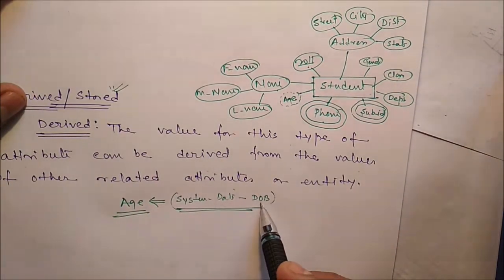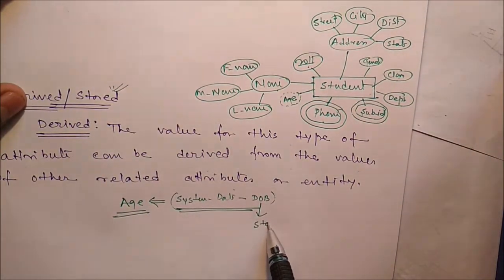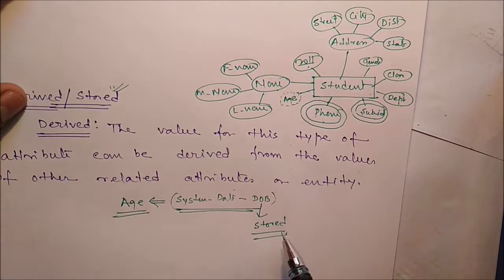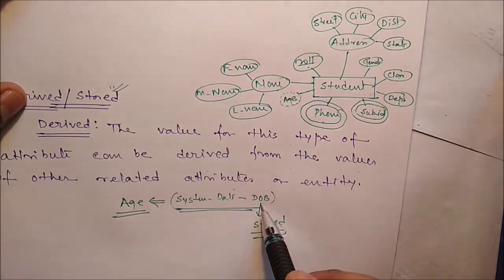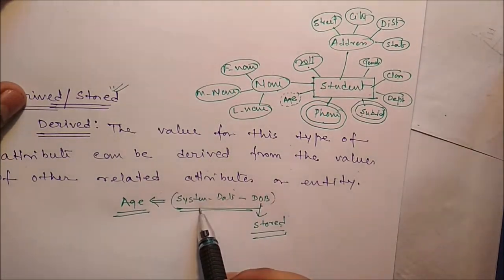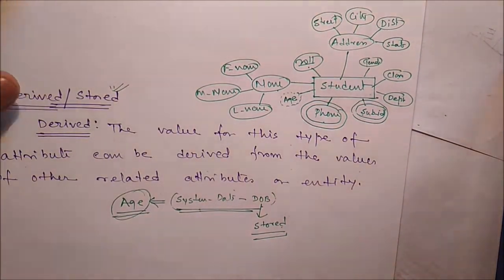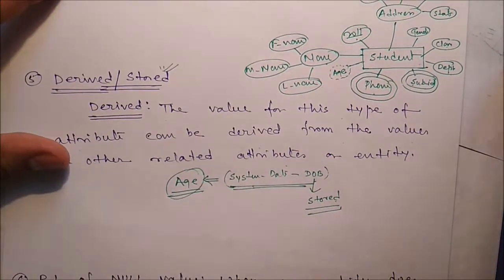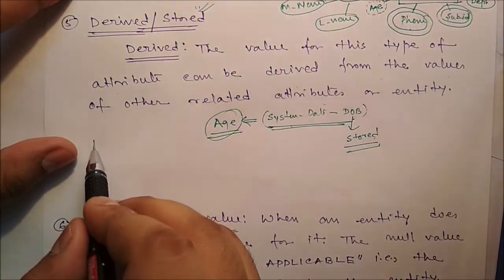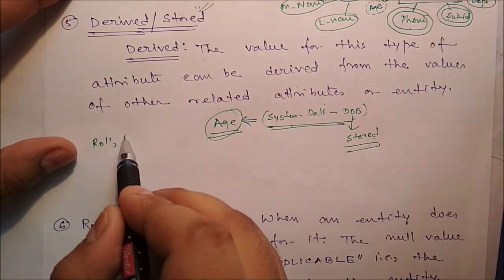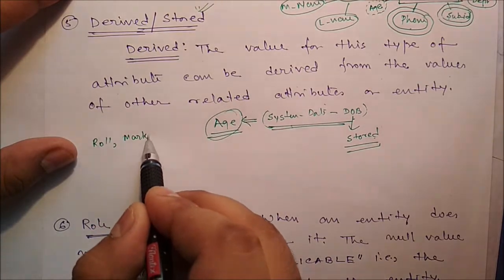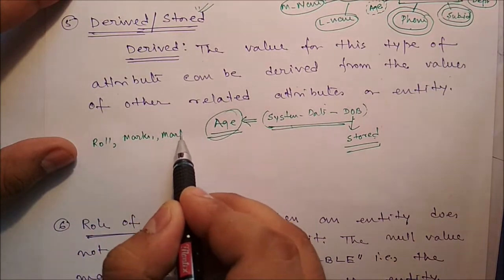So date of birth is what? A stored attribute. So from the stored attribute date of birth, and from the system date of the computer, we can calculate the age. That is an example of a derived attribute. Similarly, say roll number, and marks 1 and marks 2.